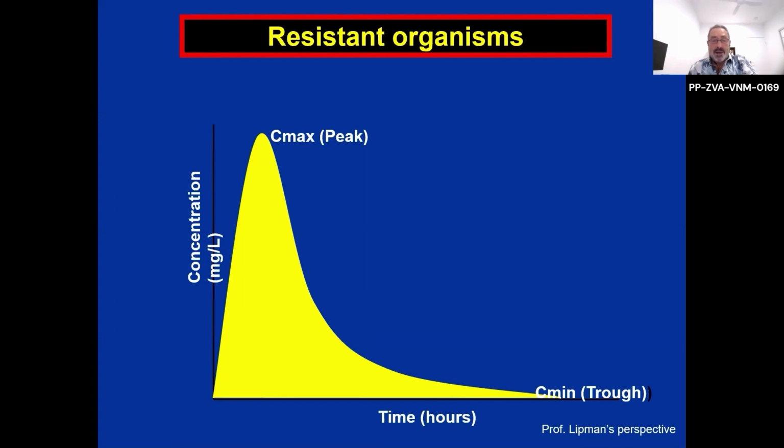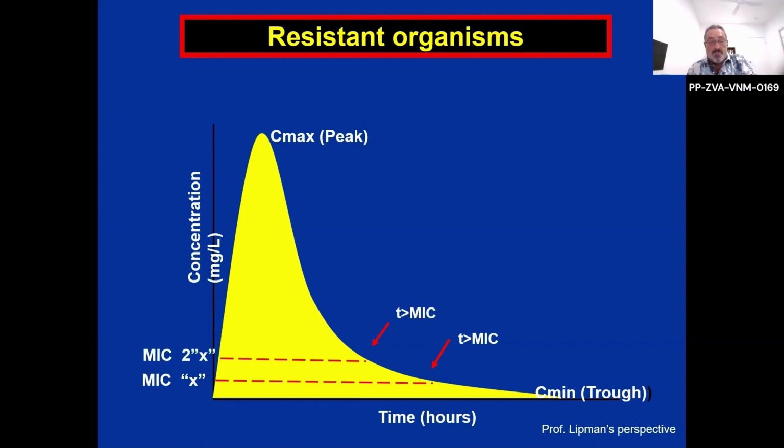Let's just go back to this yellow curve where serum levels increase over time. Let's just look at the issue with resistant organisms. So if that's an MIC, but if the organism becomes a little bit more resistant, the time above MIC increases. And if it becomes even more resistant, the time above MIC decreases.